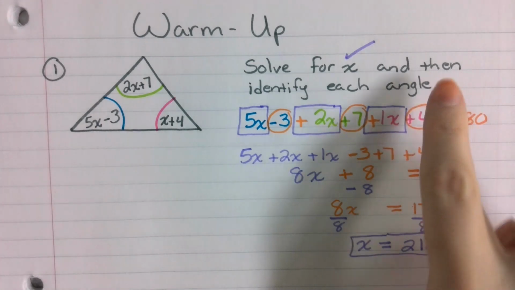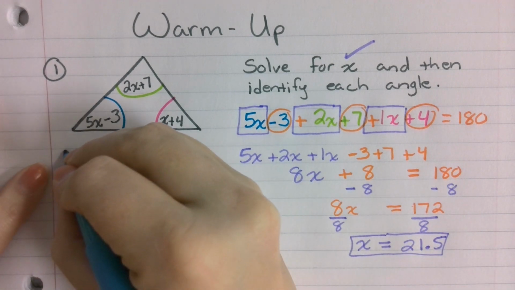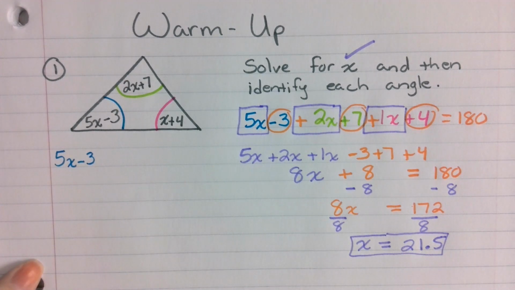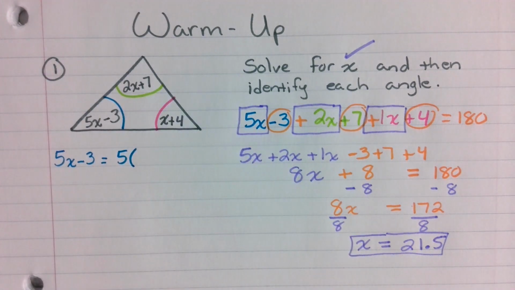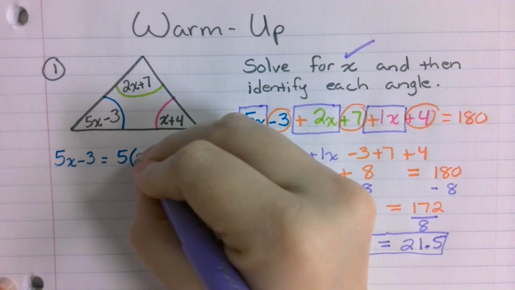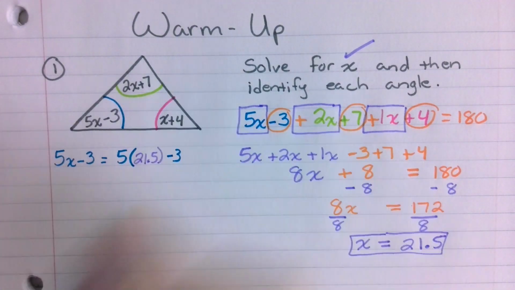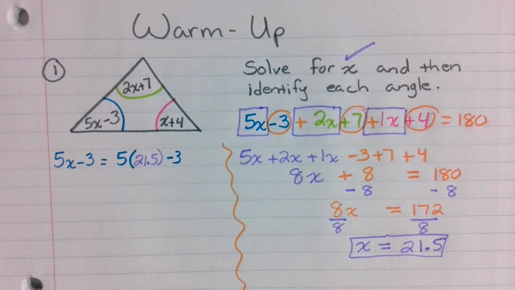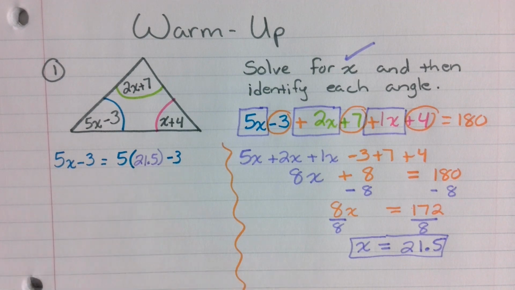Now I've got to identify each angle. I've got to work out each angle. So I'm going to go ahead and come on over to this side. And I've got 5x minus 3, which is going to be the same thing as 5 times my 21.5 minus 3. Okay, so 5 times 21.5 and then minus 3.